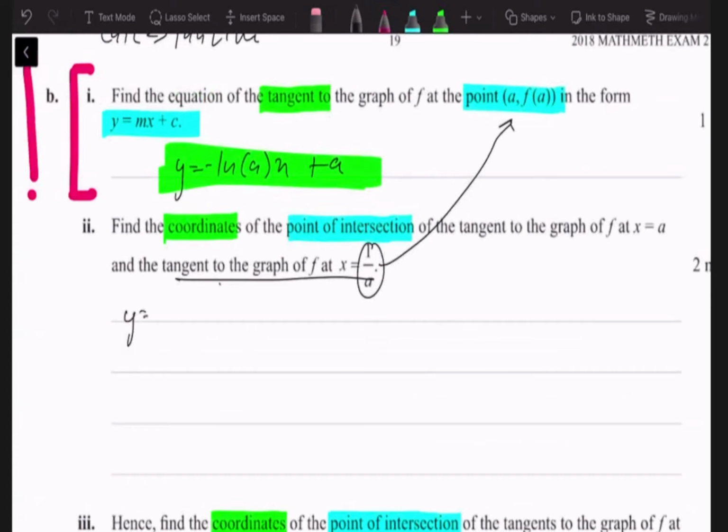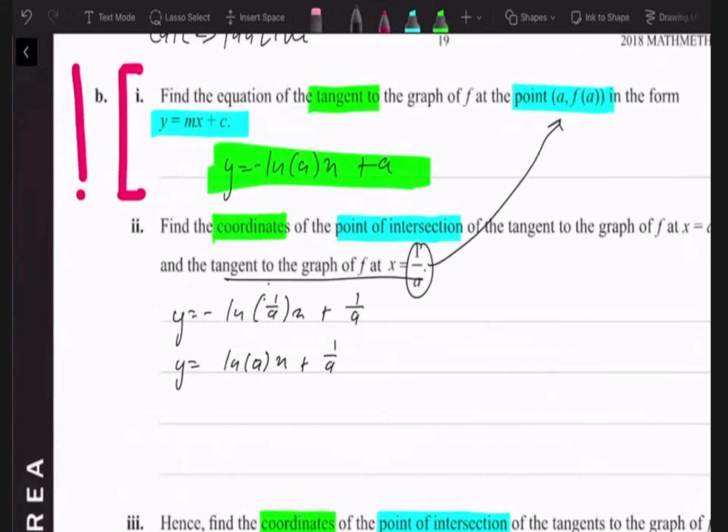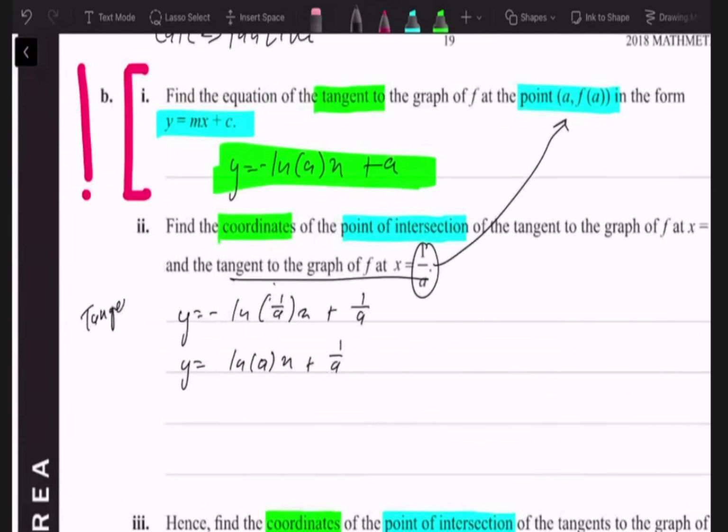So you get y equals negative ln a times 1 on a, sorry, x plus 1 on a. Just replace every instance of a with 1 on a. You can even take out the negative, so ln a x plus 1 on a. That's your tangent at x equals 1 on a.